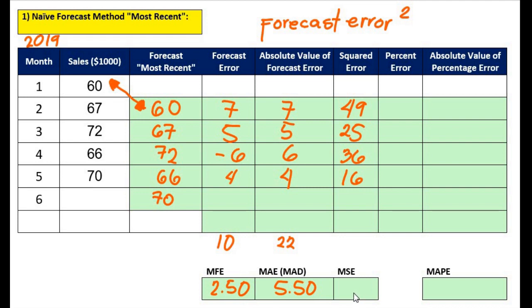Again, we get the average or the mean of the squared error. 49 plus 25 plus 36 plus 16 is a total of 126, divided by 4, that would be 31.50.